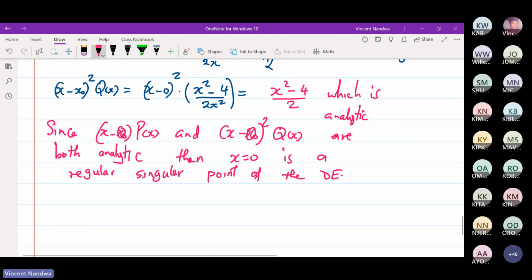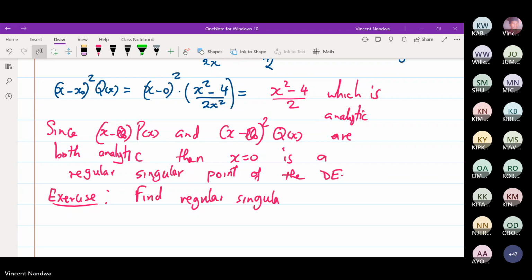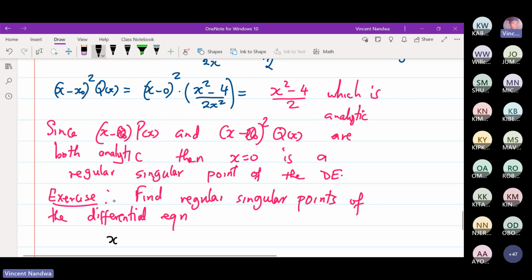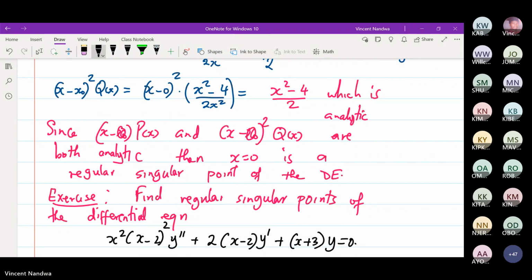So at your own free time, check for this other equation. Find a regular singular point of the differential equation x squared into x minus 2 squared y double prime plus 2 into x minus 2 y prime plus x plus 3 y equals 0.